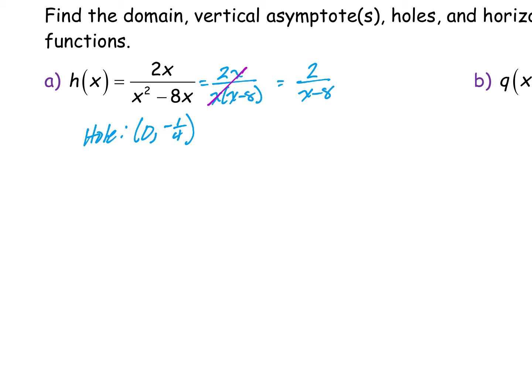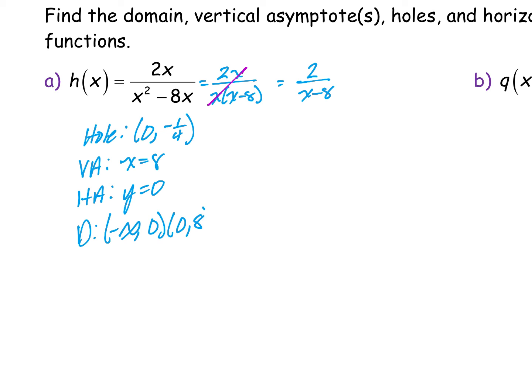Beautiful. And then a vertical asymptote at x equals 8. Horizontal asymptote at y equals 0. And so my domain is going to be from negative infinity to 0, 0 to 8, and 8 to infinity.